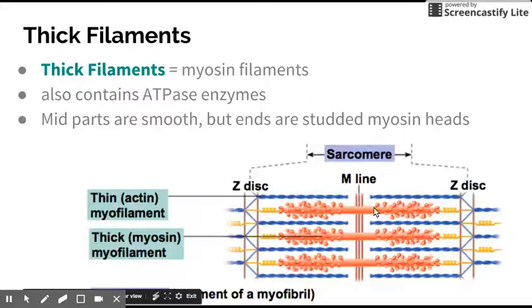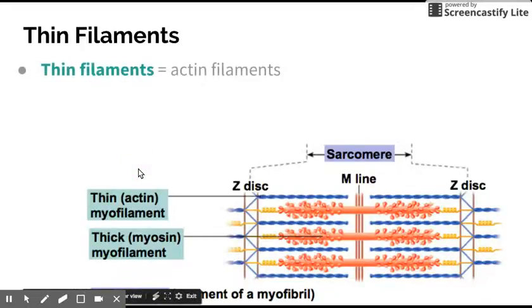The middle parts in the H band are smooth, and the ends are studded with these myosin heads that come off of the filaments here, and we'll talk a little bit more about those. Those are going to allow us to contract our muscles. The thin filaments, which we're showing here, those are made of actin.